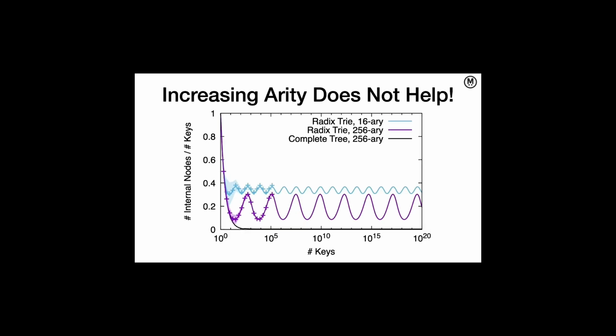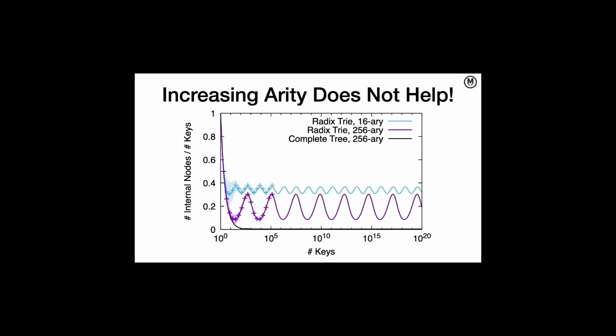So to justify that argument, we did some theoretical analysis and experiments, and here we're comparing 3 scenarios. Radix trie 16 array, which is MPT, radix trie 256 array, which is Merkle, and the complete tree 256 array, which is the best that you can hope for.